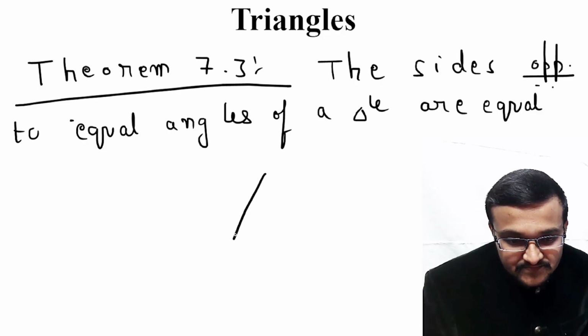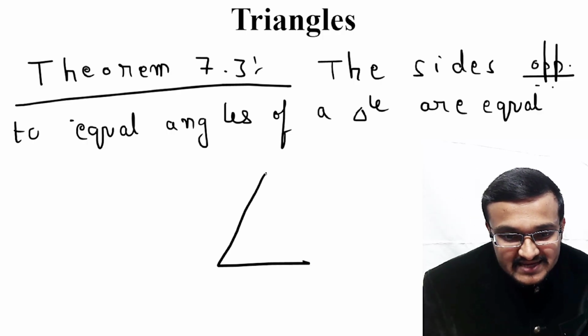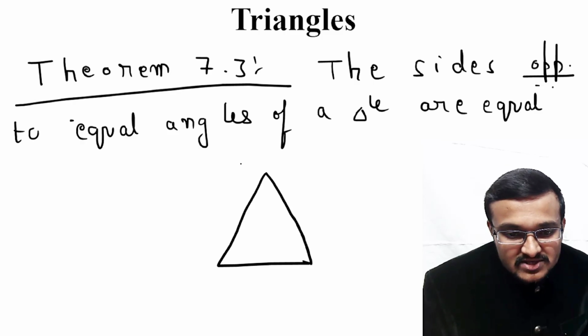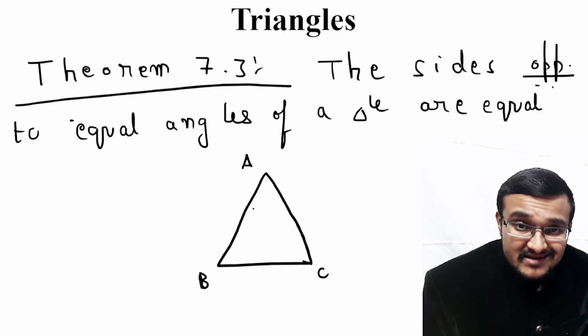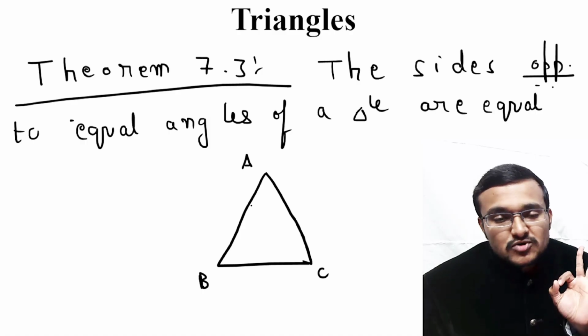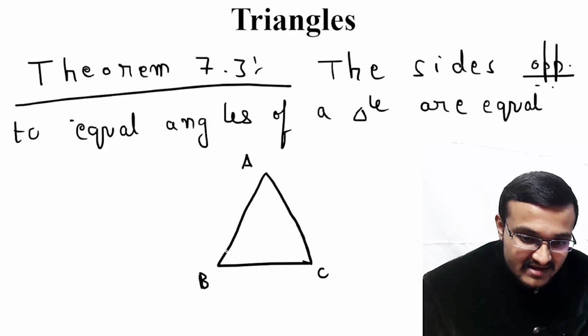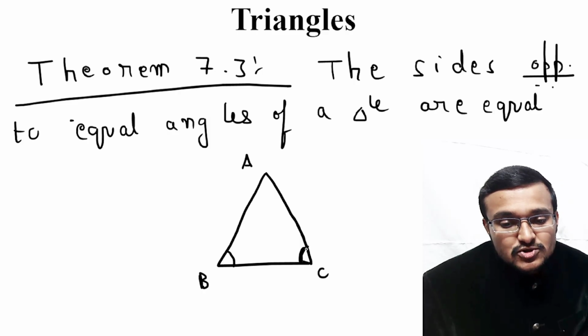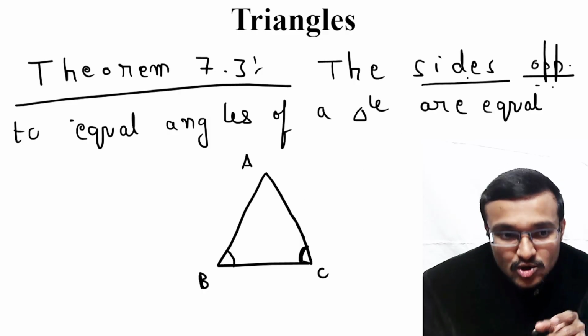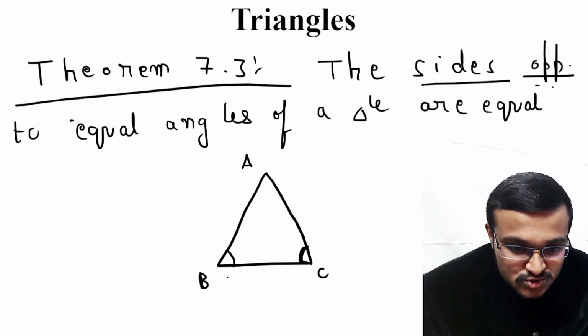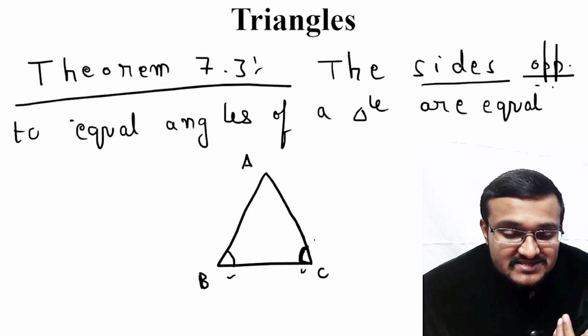So that means here, if I am considering the same triangle ABC, here we don't know whether AB is equal to AC or not, but here angle ABC will be equal to angle ACB. So two angles are equal to each other. So now sides opposite to equal angles. So these two are equal angles which we have already considered.